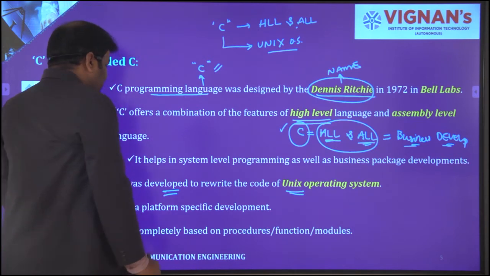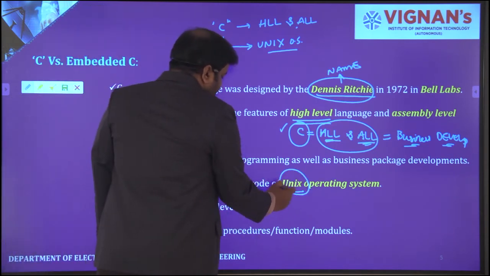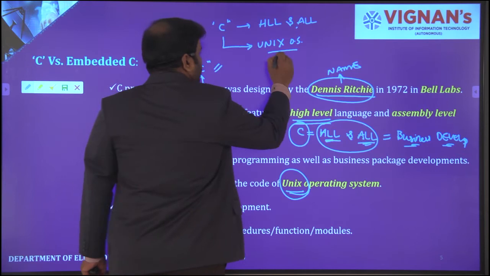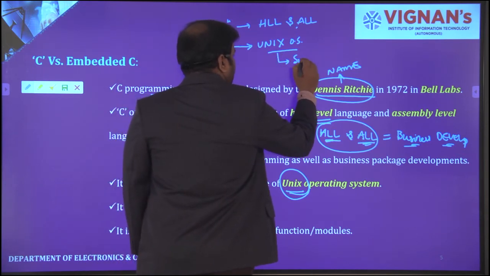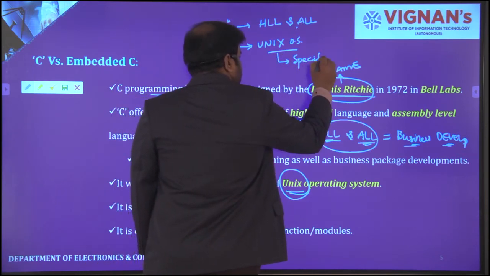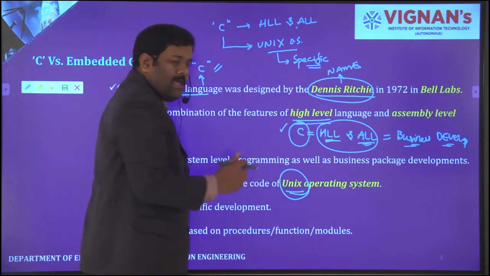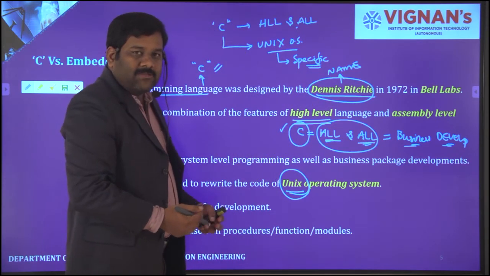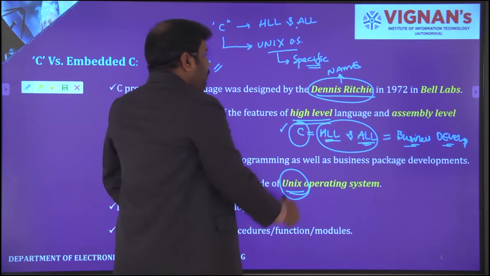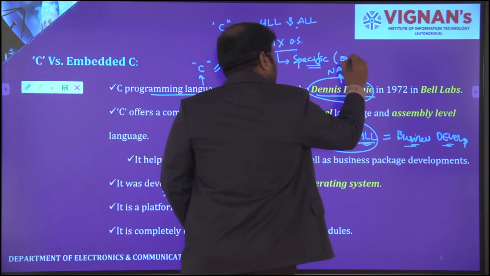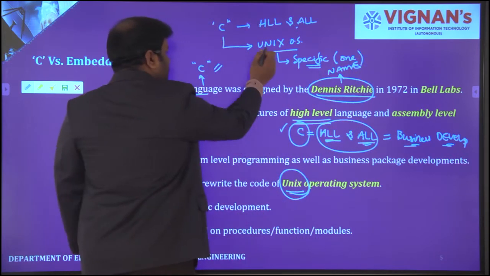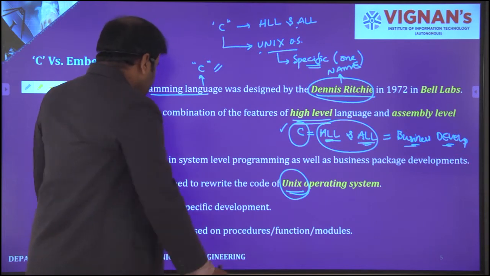And most of the time these Unix operating system platforms will support only specific operating systems. Specific means only a few, like ASICs, application specific integrated circuits. Only any one of the circuits can be implemented by using the Unix OS.